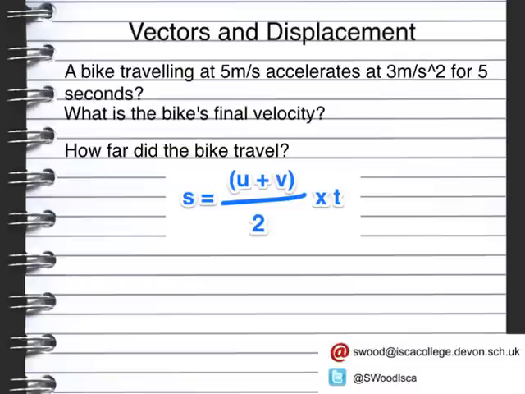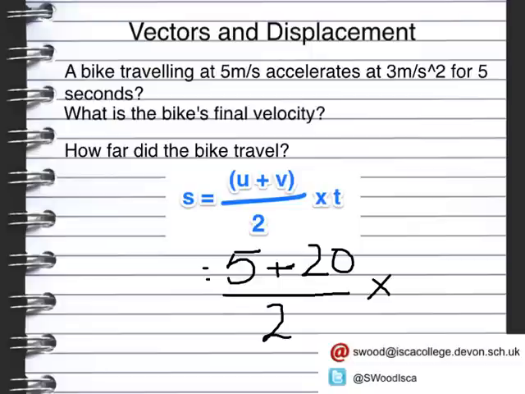So if s is equal to u plus v, so u is 5, plus the final velocity that we've just worked out is 20, divide that by 2, and then we need to times that by t, which again is 5 here.